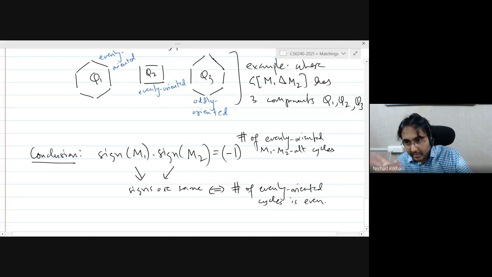It's either -1 times -1 or +1 times +1. In both cases, the product is +1, which means it's -1 to the power an even number, right? So if you have an even number of evenly oriented cycles, then the signs are going to be the same. And if there is an odd number of evenly oriented cycles, then the signs of the 2 perfect matchings are going to be different.